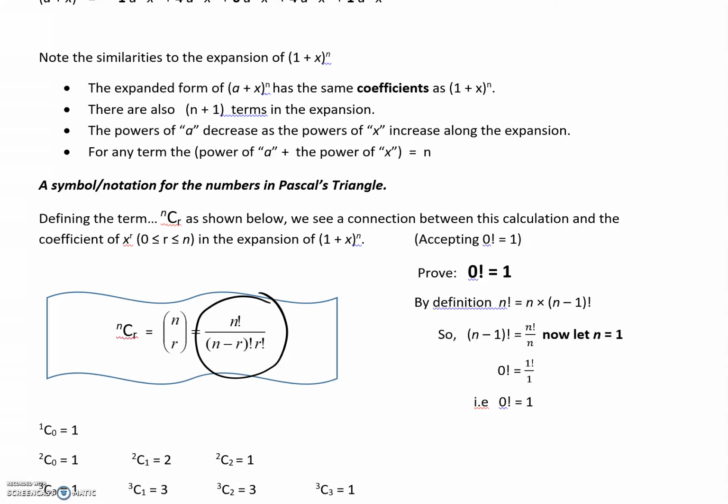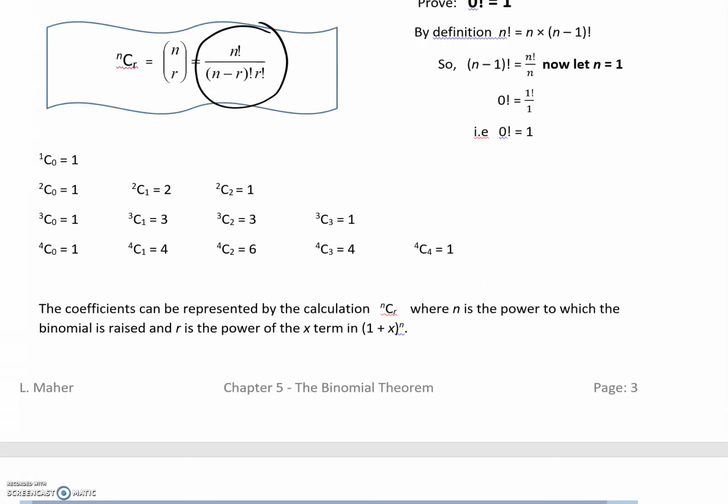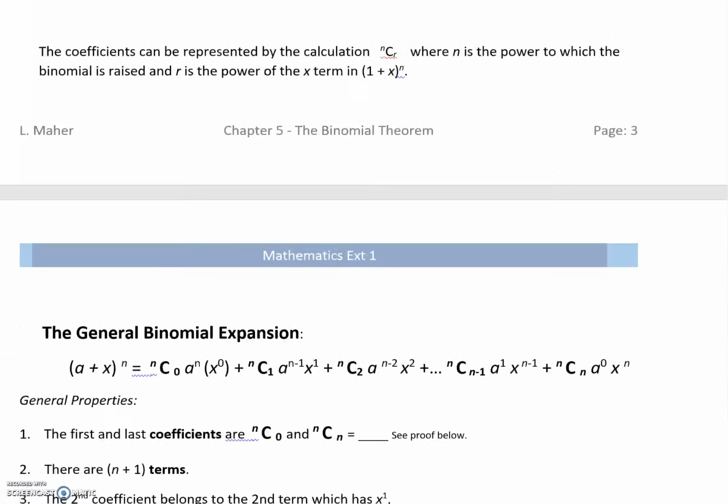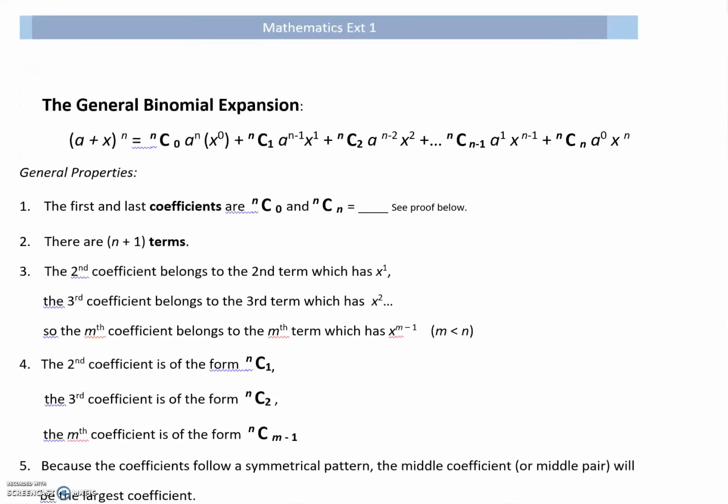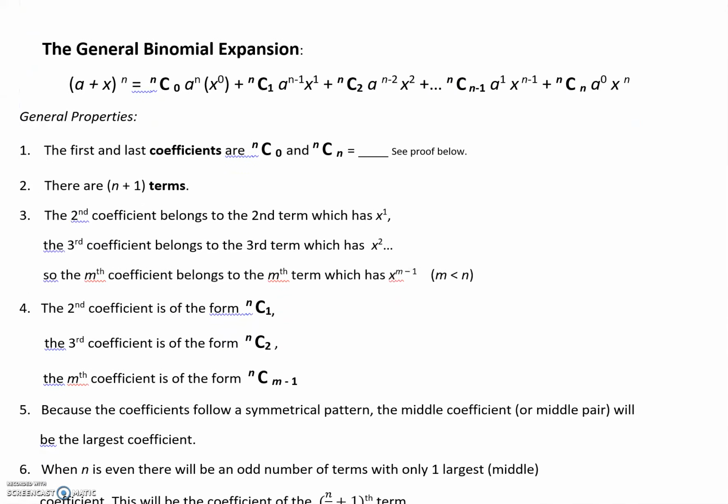That then allows us to work through to a very general expression for a binomial expansion, where (a plus x) to the n has coefficient nC0, which is 1, a to the maximum power, x to 0, then nC1, which is really the second coefficient.